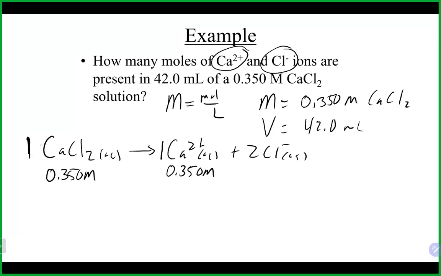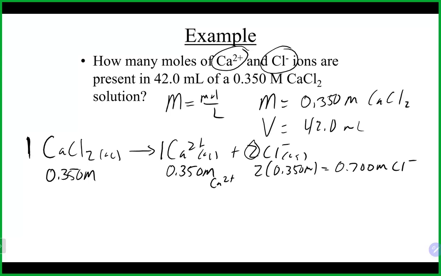But it is a 1-to-2 relationship for our chloride, so that's going to be 2 times 0.35 molar, which gets me 0.7 molar for our chloride ions. So now I have the molarity of each ion separately, and I could just do the molarity equation twice.